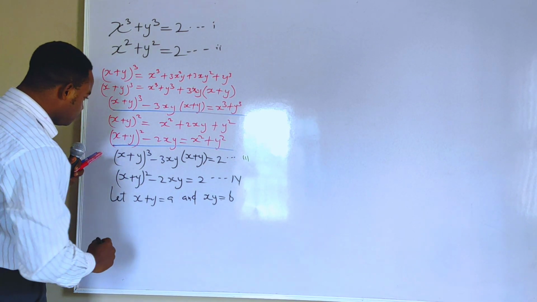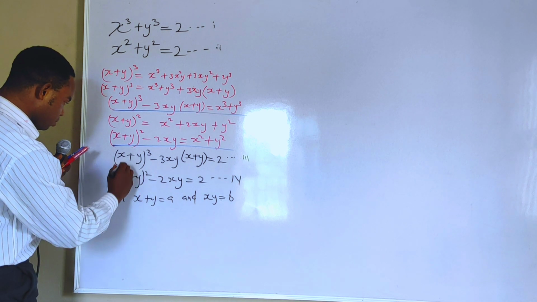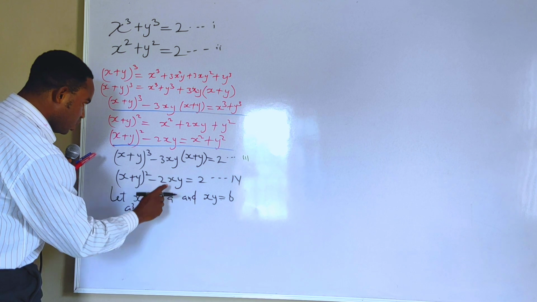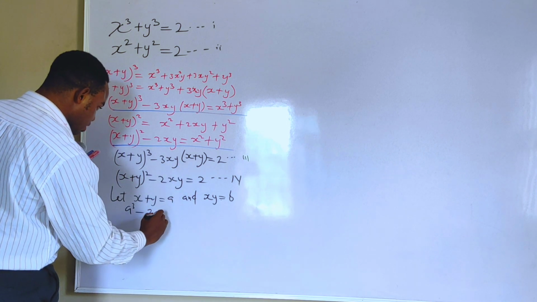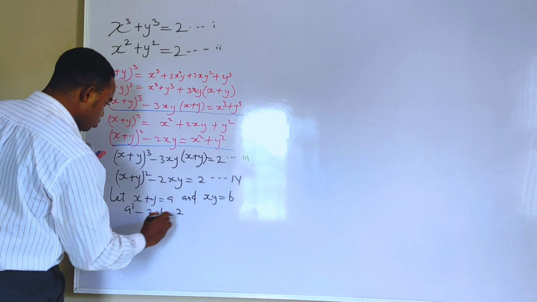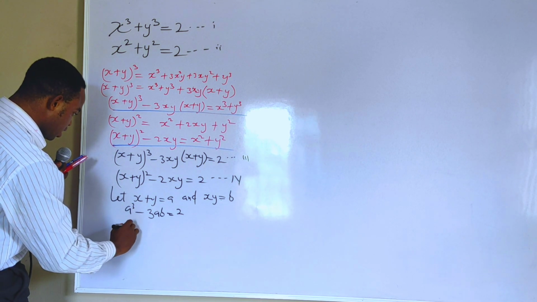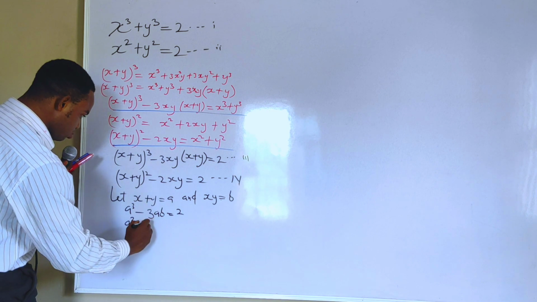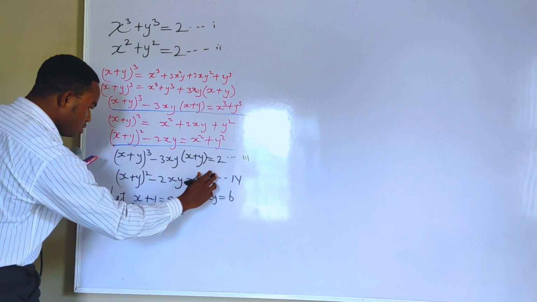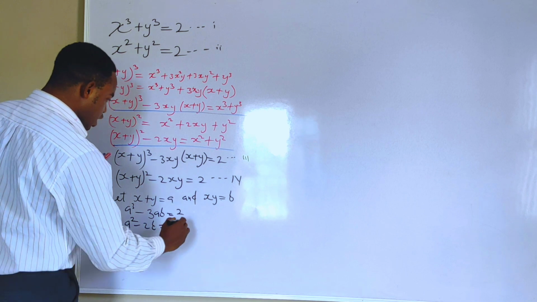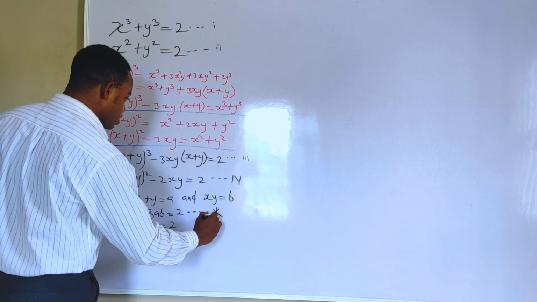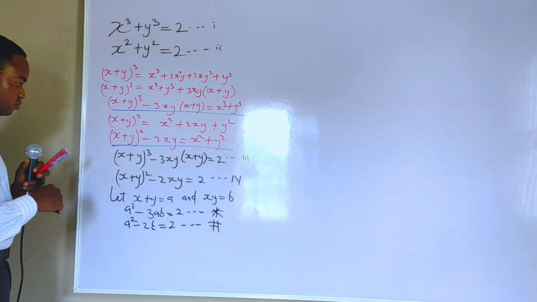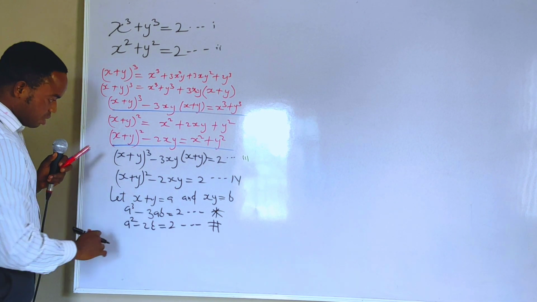And when we do that, this equation becomes a raised to power 3 minus 3ab equals 2, and a raised to power 2 minus 2b equals 2 as well. Let's call this star and let us call this hash. Now we have this system of equations to deal with.